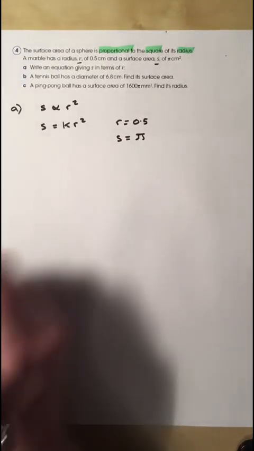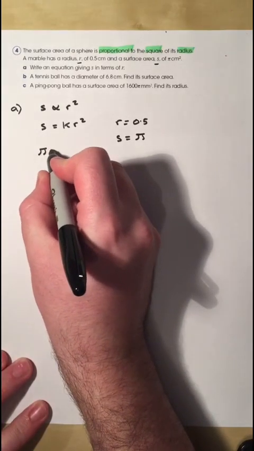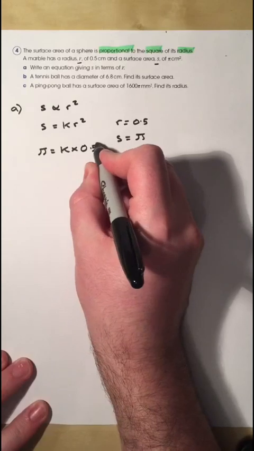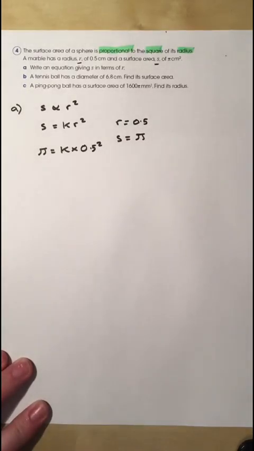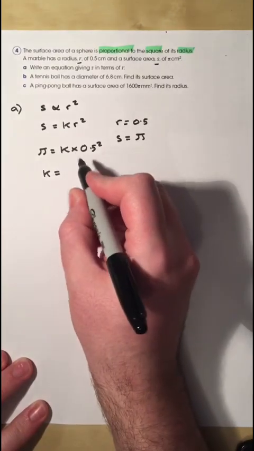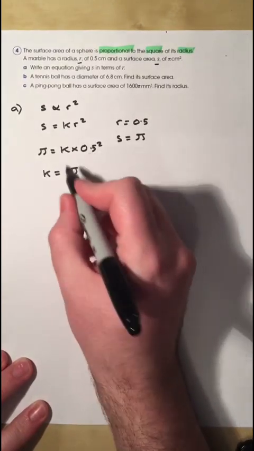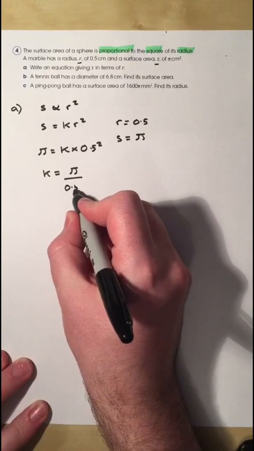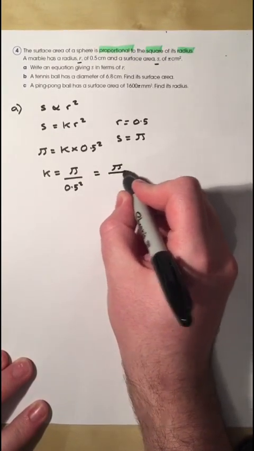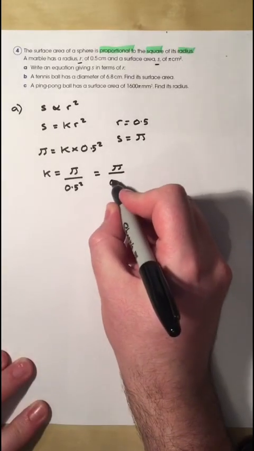So we substitute these values in. Pi equals K times 0.5 squared. Rearranging gives us K equals pi over 0.5 squared. 0.5 squared equals, you can use a calculator for this if you want to, 0.25.